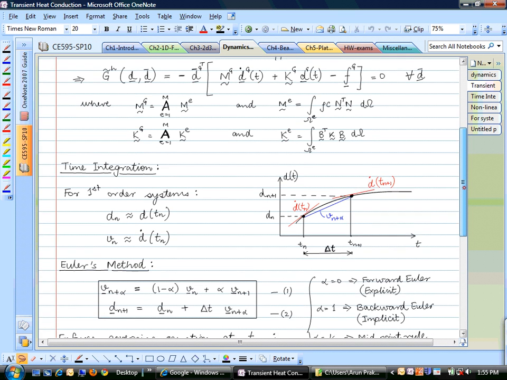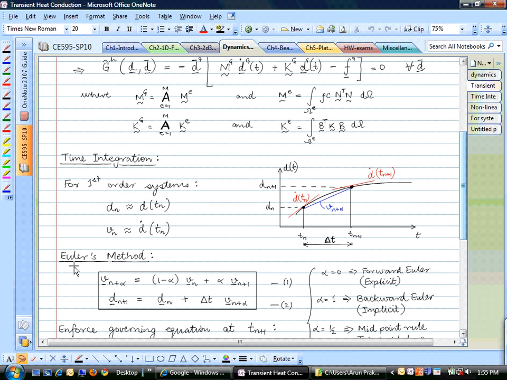One common method that people use to integrate first order systems is called the Euler method. Has anybody seen this before? Euler's method? Not many, okay. So the idea is that we are going to approximate the derivative from n to n plus 1 with this quantity v n plus alpha.